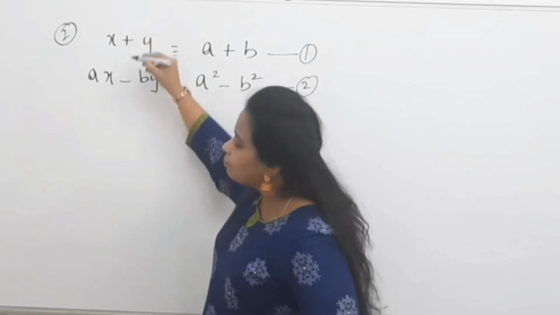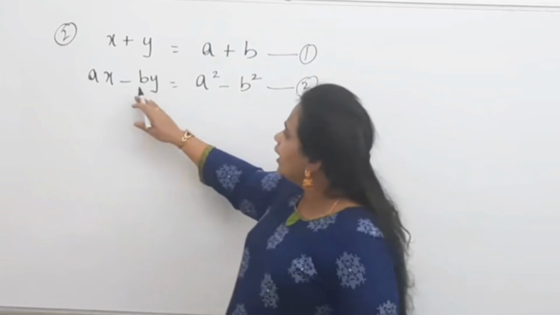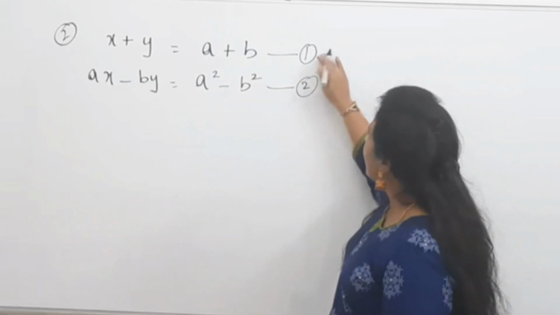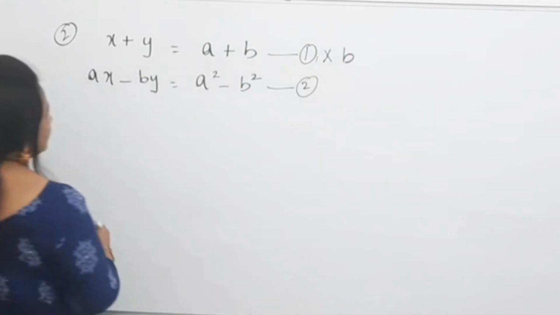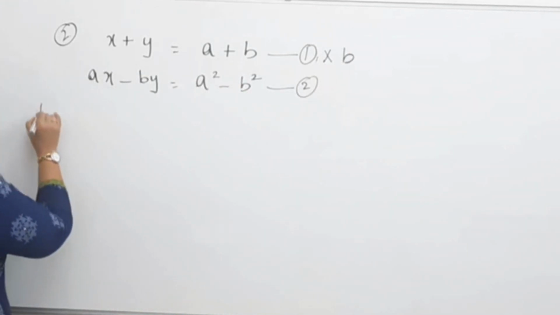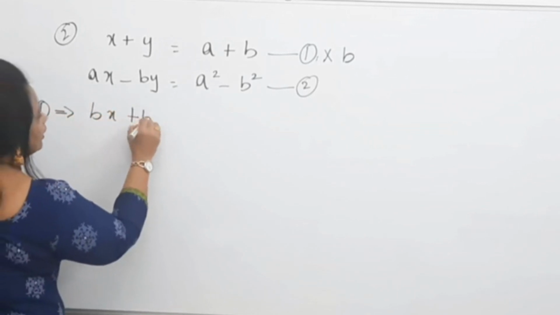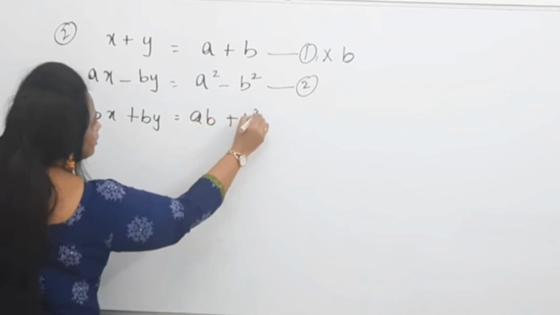Why? Because if I multiply the first equation throughout by b, then I automatically get it cut. So the first equation I will multiply by b. So I get my equation, that is 1 implies bx plus by is equal to ab plus b square.